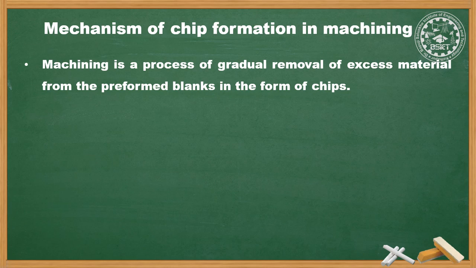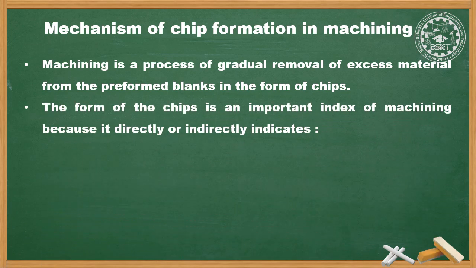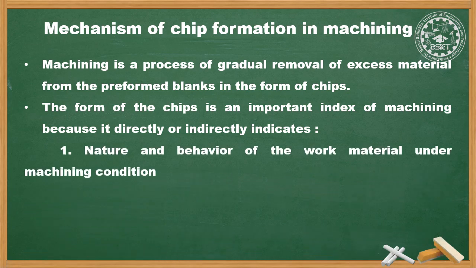The form of chips is an important index of machining because it directly indicates whether the machining has been proper or not, such as the nature and behavior of the work material under machining conditions. It shows whether the work material is suitable for machining or not.